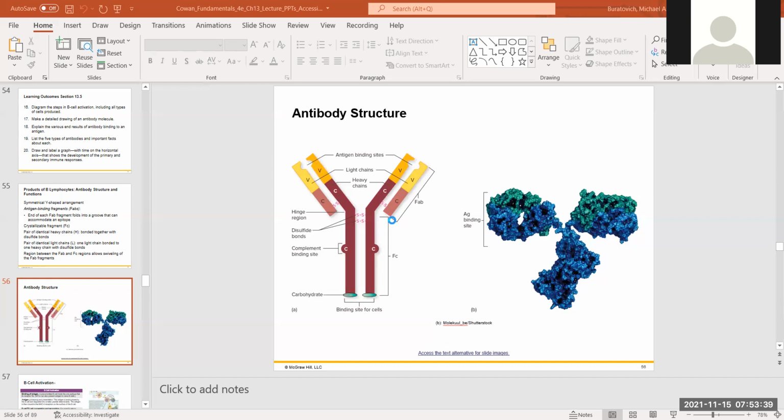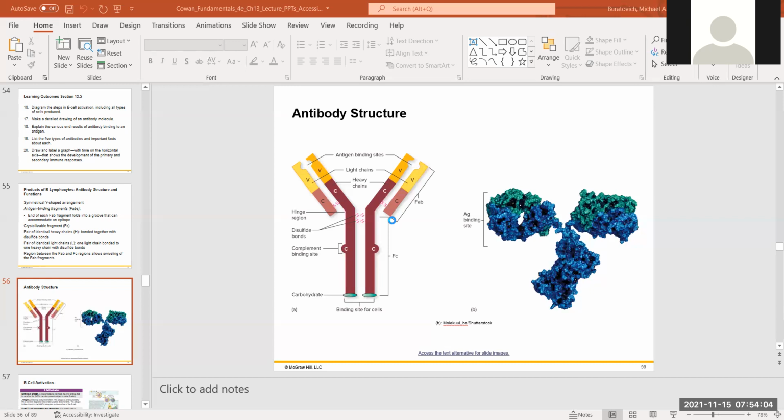However, they can bind lots of it, so they have what is called high avidity. So low affinity, high avidity.